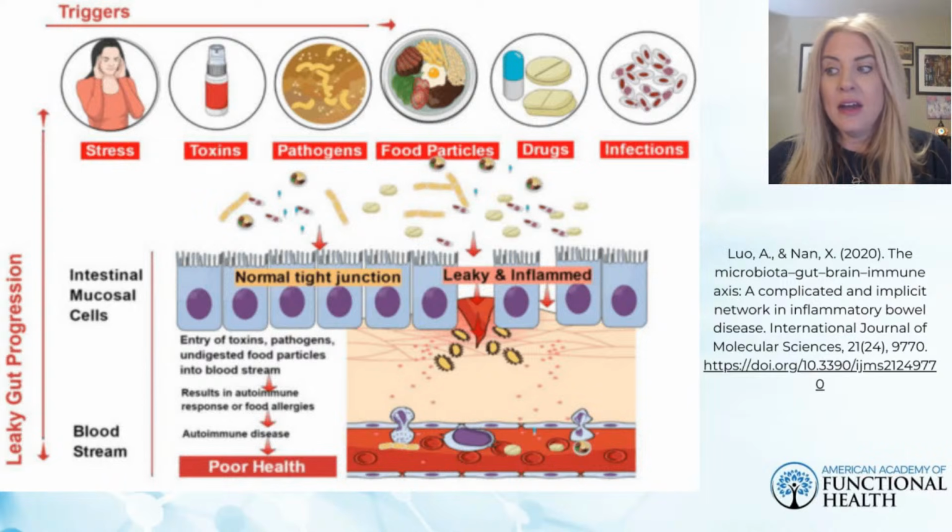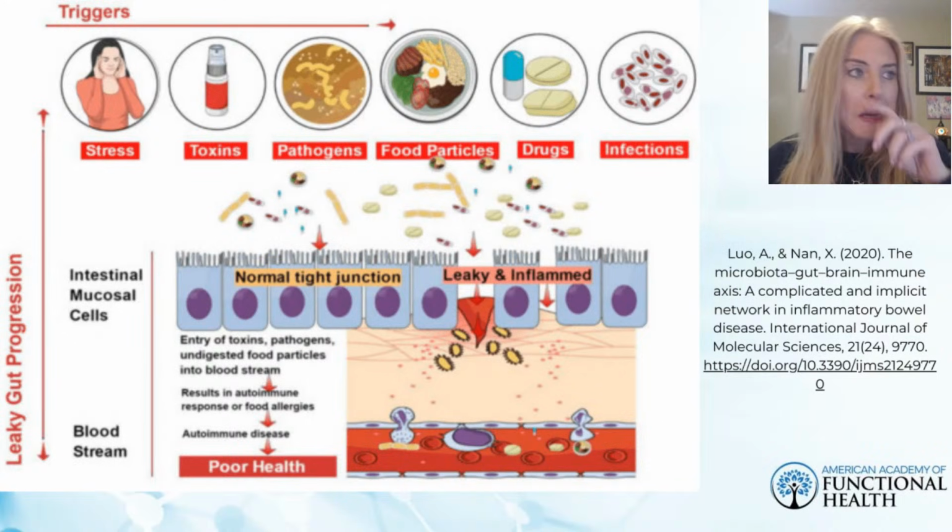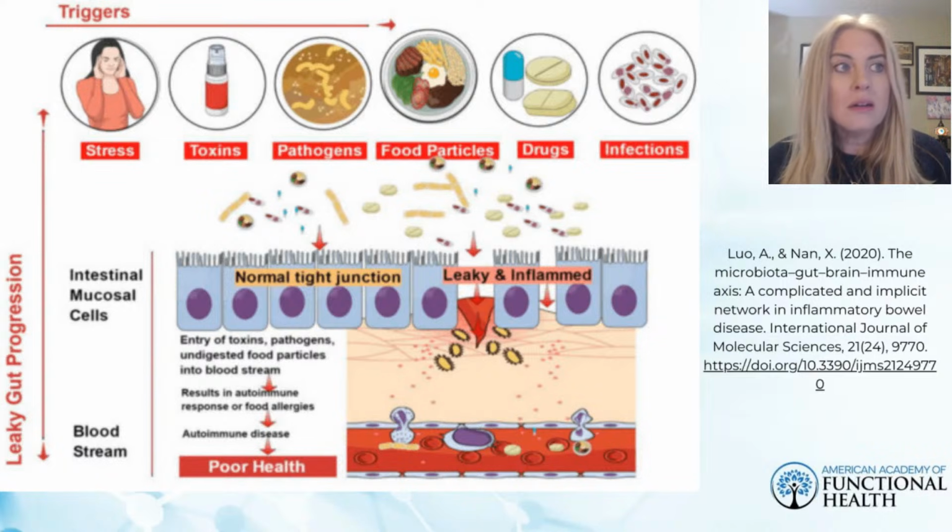Think of it like that. Junk food, empty calories, things that you put in your body, put on your body, even through your skin might have some toxins, right? So those things, pathogens, viruses, bacteria, and the different food particles, drugs, infection, all of these things can affect the gut lining.